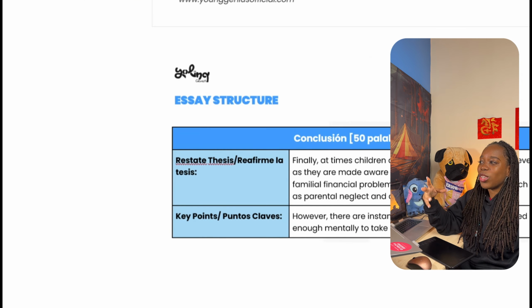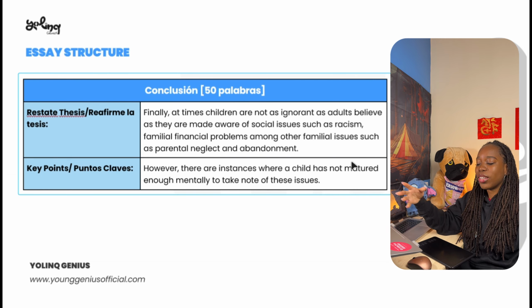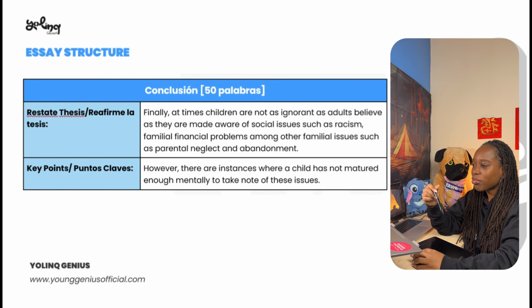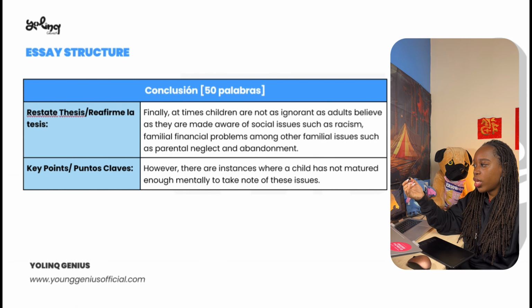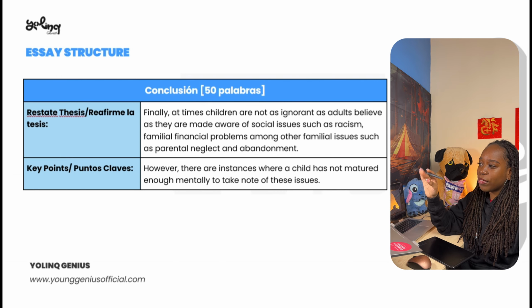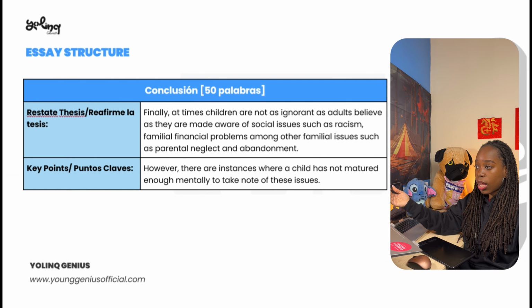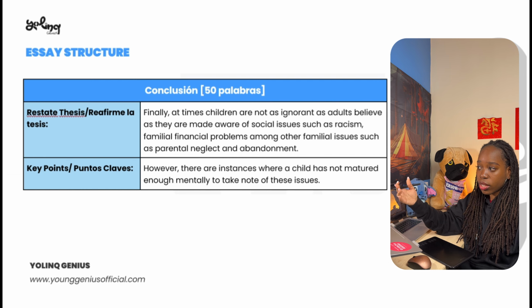So for the conclusion, what you want to do is restate your thesis and then go over the main points. So I said, finally, at times children are not as ignorant as adults believe, as they are made aware of social issues such as racism, familial financial problems, among other familial issues such as parental neglect and abandonment.